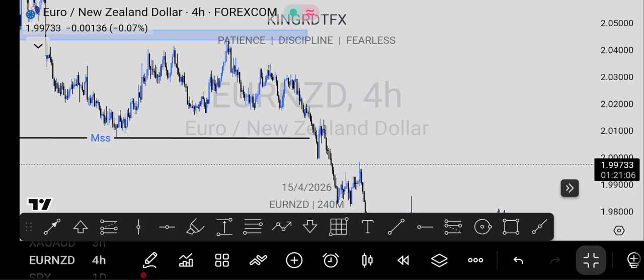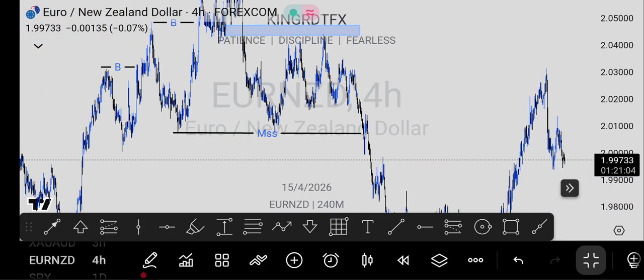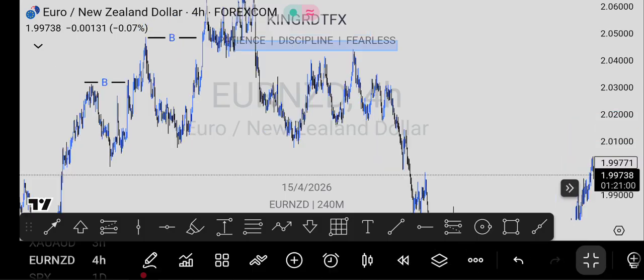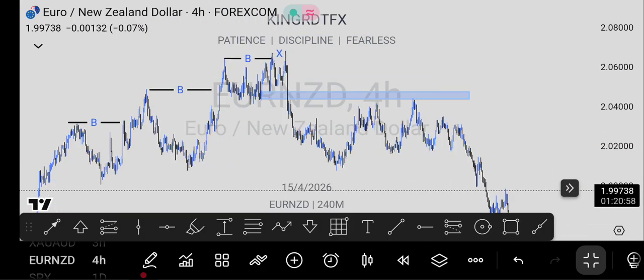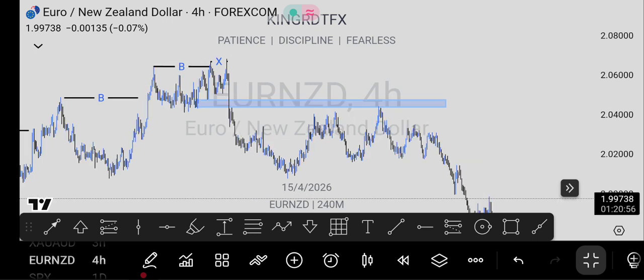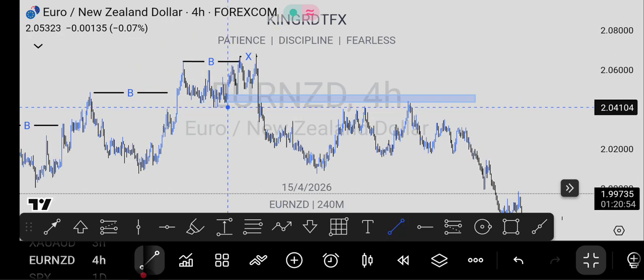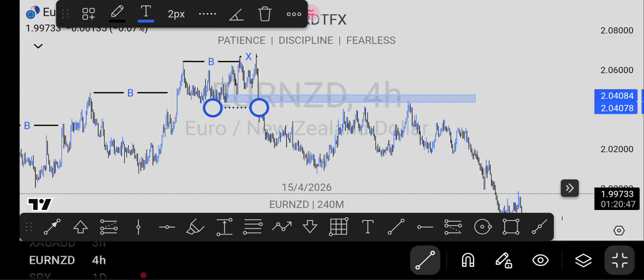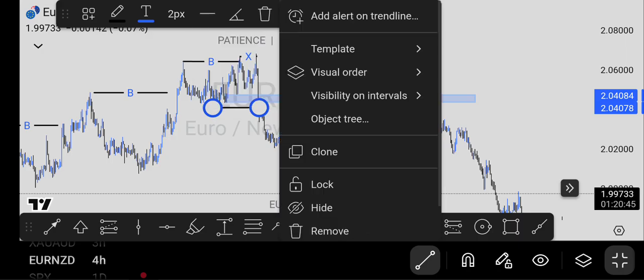So now let's do this. Let's remove this market structure shift right here, because we have an internal market structure shift here.